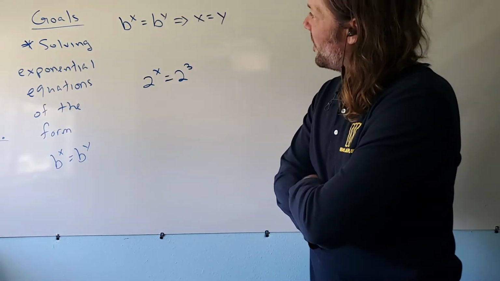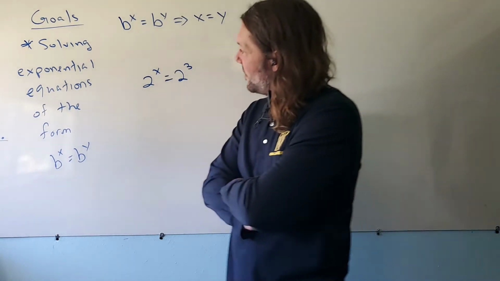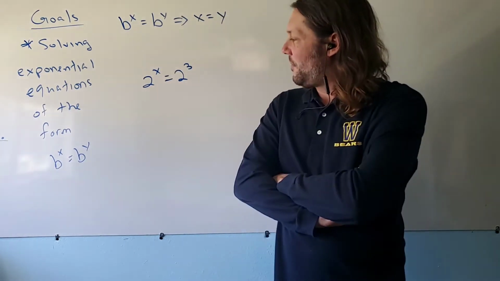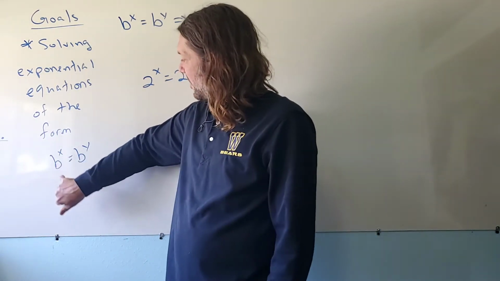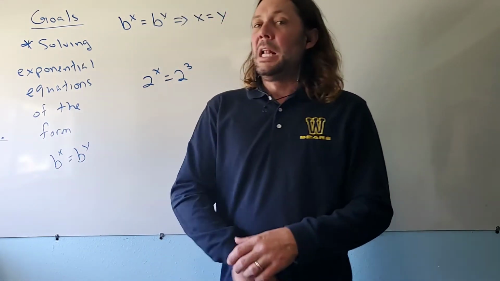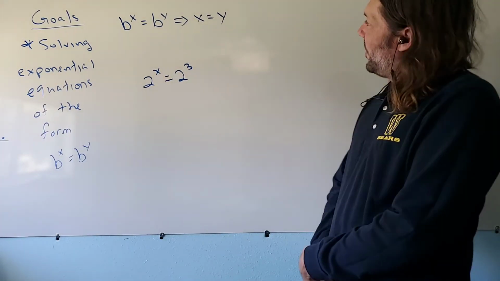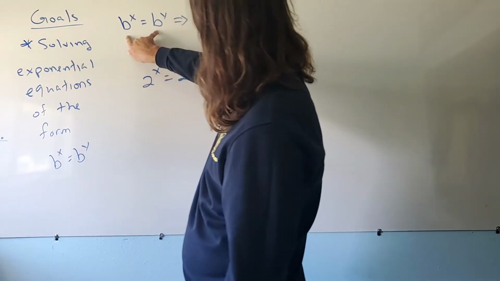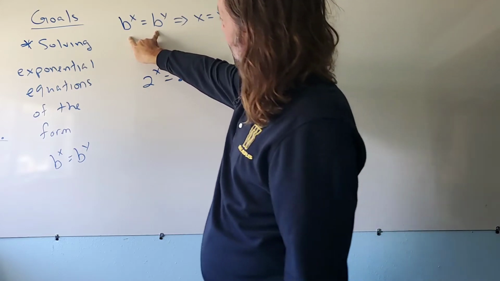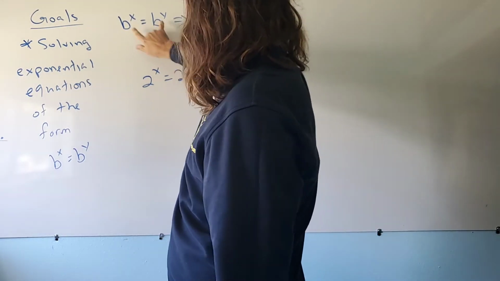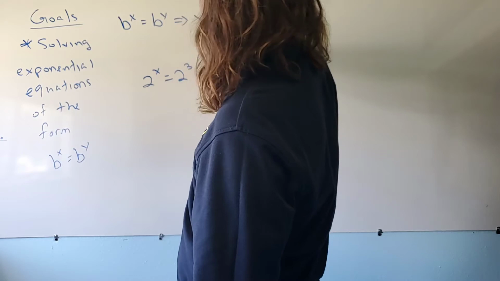Our goals today are going to be to solve exponential equations of the form b to the x power equals b to the y power. And I have written up here what that implies. So if I have two bases that are the same, then what must be true is their exponents must be equal.